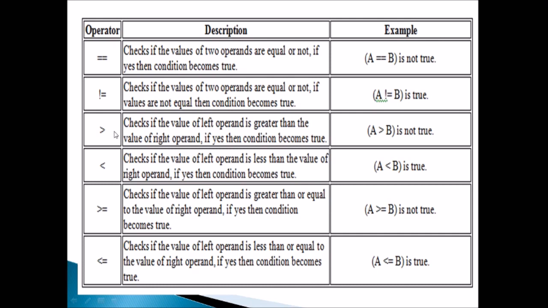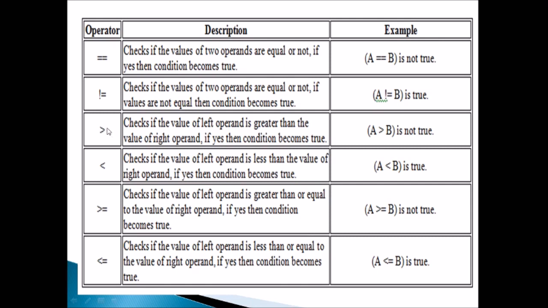Okay, next symbol is greater than. If we take this operator, this is called left side and this is called right side. Now this symbol is going to check if the value of the left operand is greater than the value of the right operand. This is the left operand, this is the right operand.